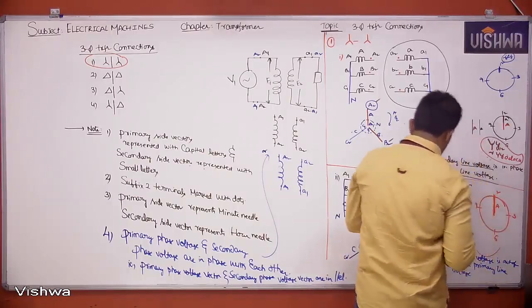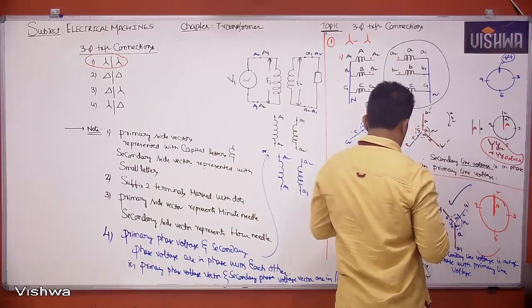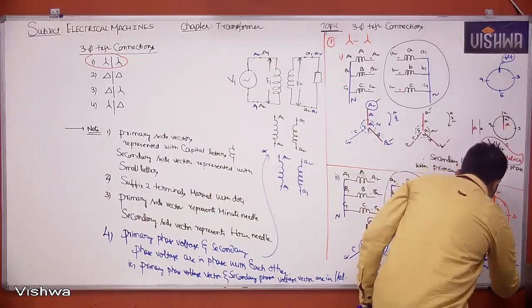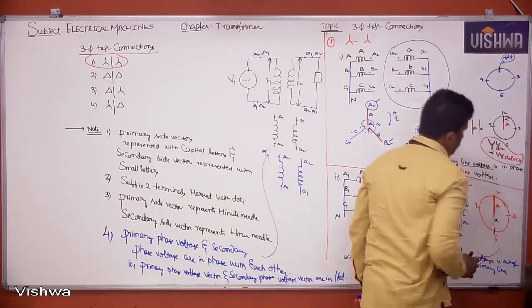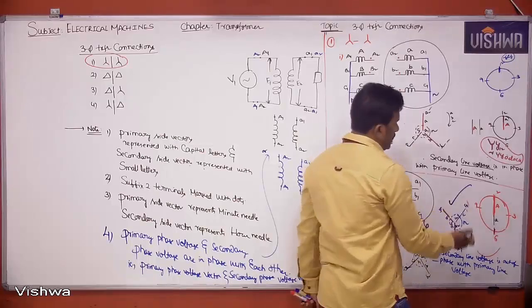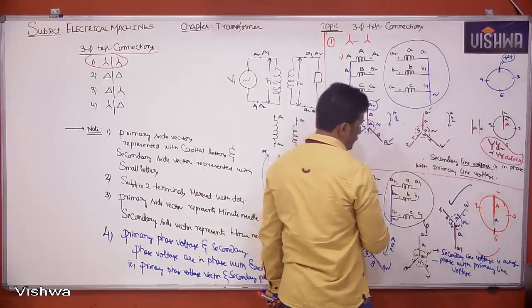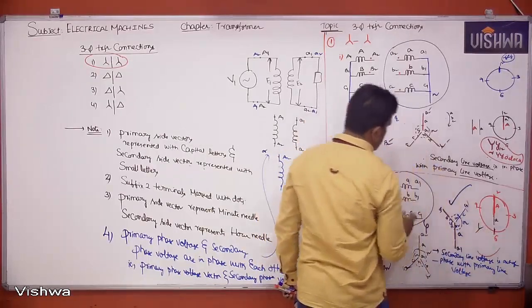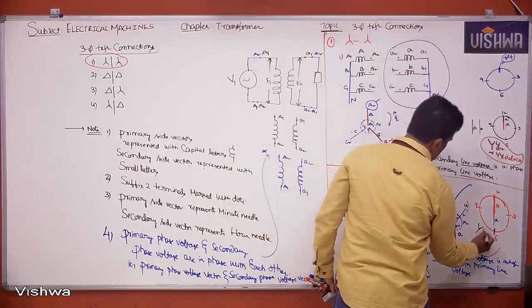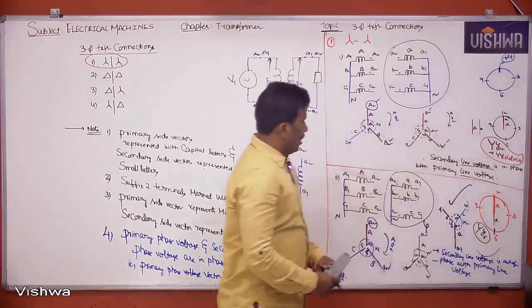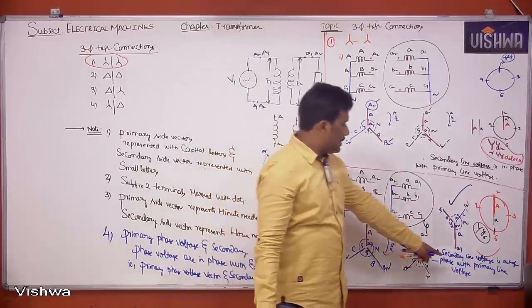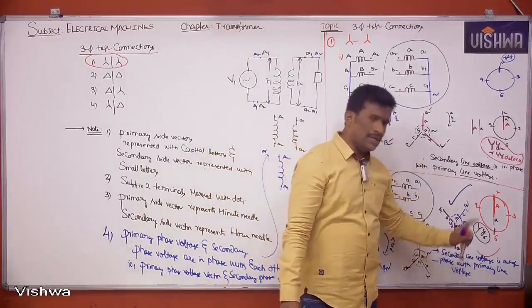Small a is the hour needle, which is at 6 o'clock. So what is the connection name? Primary star, capital Y, secondary star, small y, Y 6 o'clock. And secondary line voltage is out of phase with the primary line voltage.